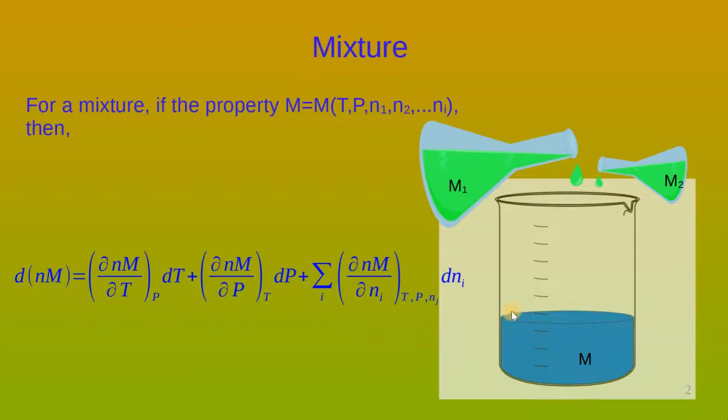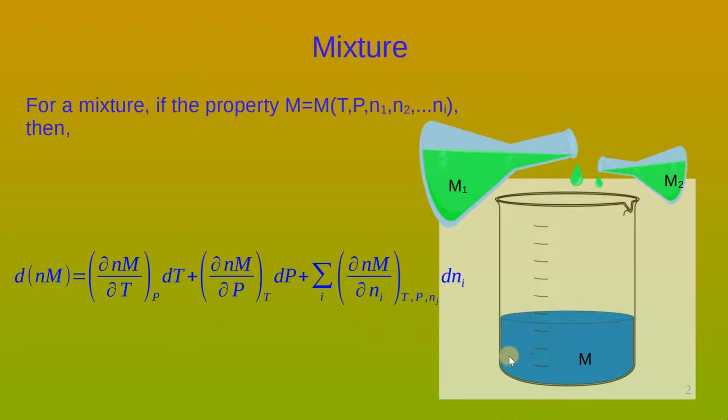Let's assume that we are mixing two pure fluids, M1 and M2. We are mixing them in a beaker. As you can see, the beaker is open to the atmosphere. These two fluids too are open to the atmosphere. And it's but natural to assume that the temperature of M1 and M2 are equal, and it is equal to the atmospheric temperature.